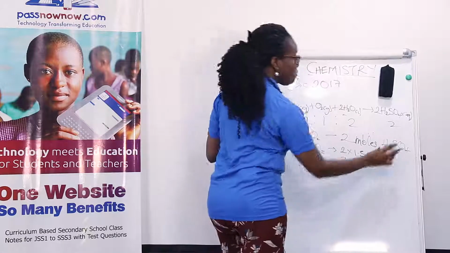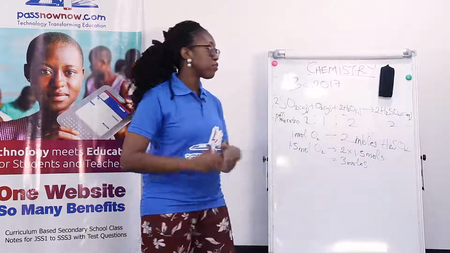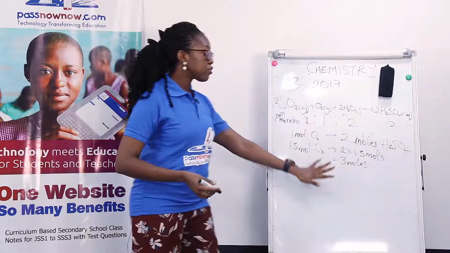This will give us 3 moles of hydrogen tetraoxosulfate(VI). Now, it doesn't end there.